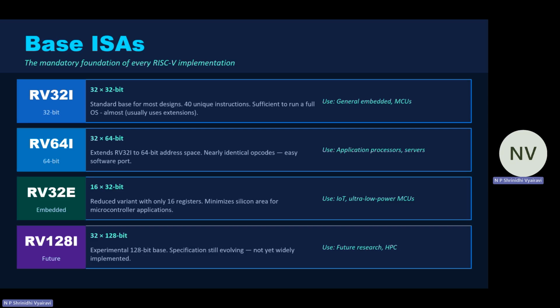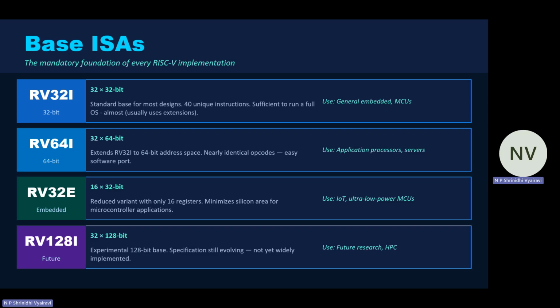The I stands for integer. The base ISAs essentially work on load, store, addition, subtraction of basic integers. You don't have decimals or floating point in this base model. The E stands for embedded. In embedded systems, we want to reduce the area, the space, and the memory.